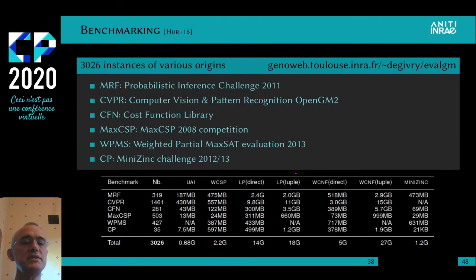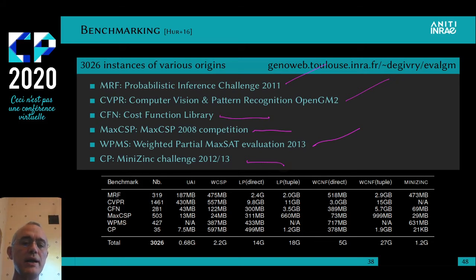And Simon did this huge benchmarking work using problems from really various origins, so not really only our problems. Markov random field problems, computer vision problems, our usual cost function network problems, also Max-CSP problems, MaxSAT problems, and CP problems where the criterion is decomposable.